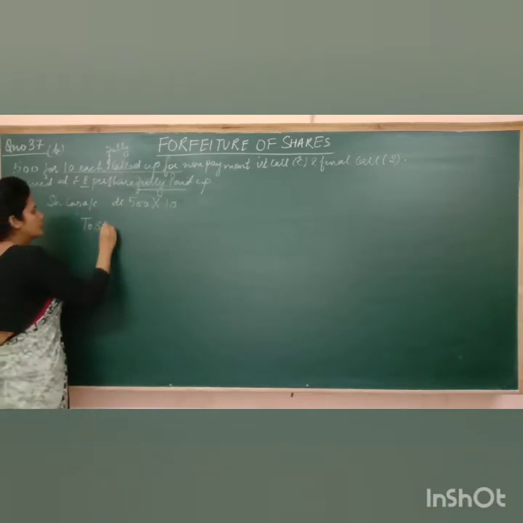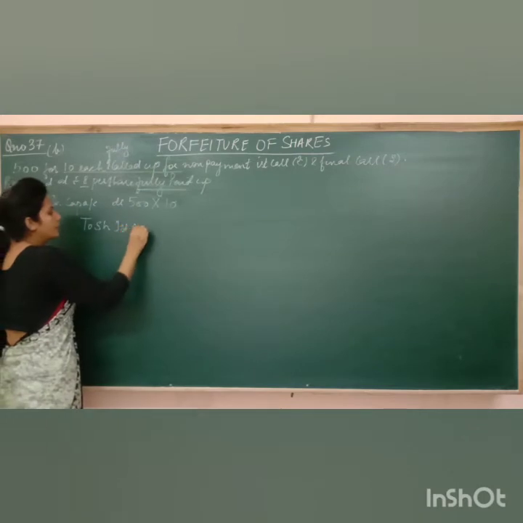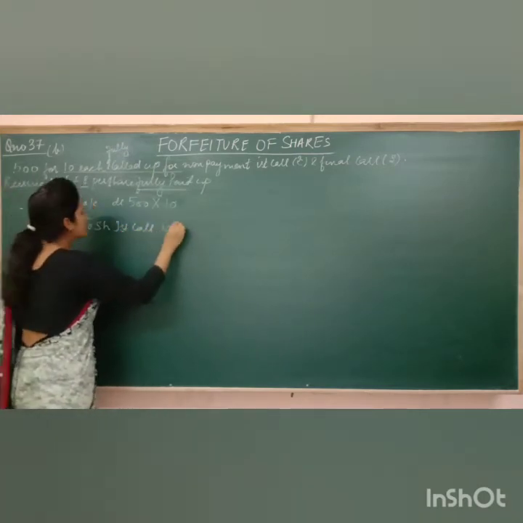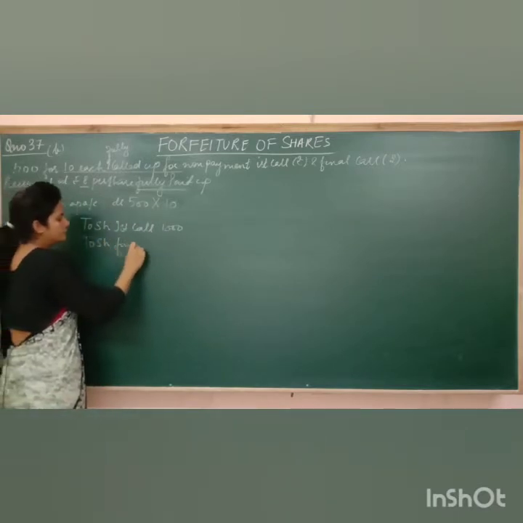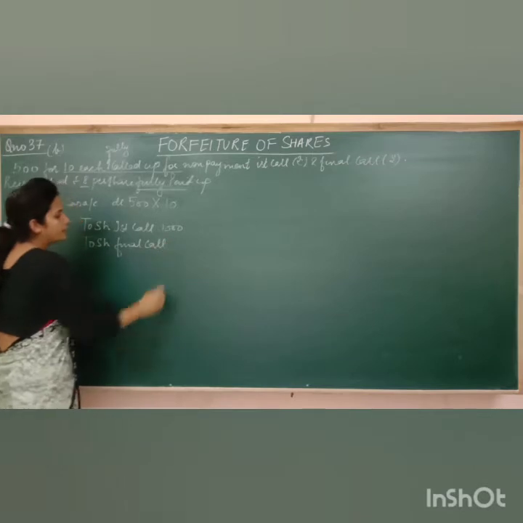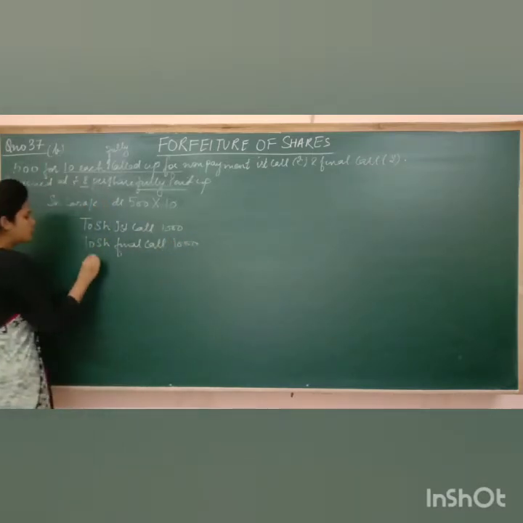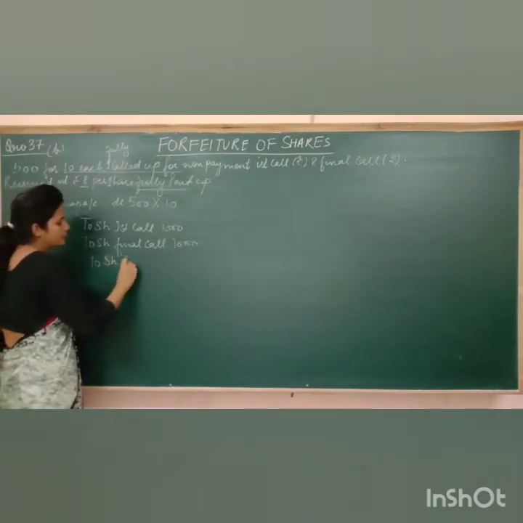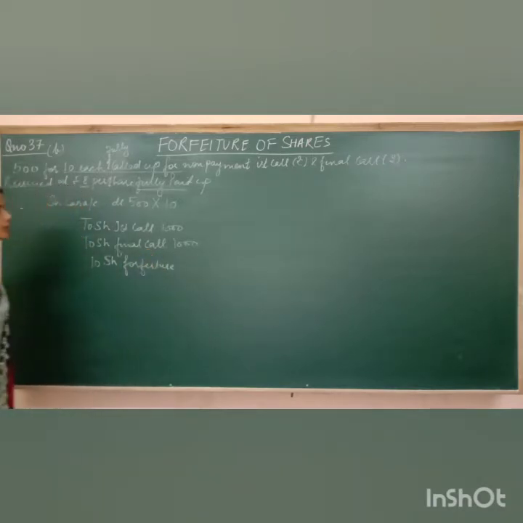Credit share first call for the non-payment of first call. So 500 into 2 is 1,000. For the non-payment of final call, again 500 into 2 is 1,000. Credit share forfeiture, and this amount represents profit on forfeiture.